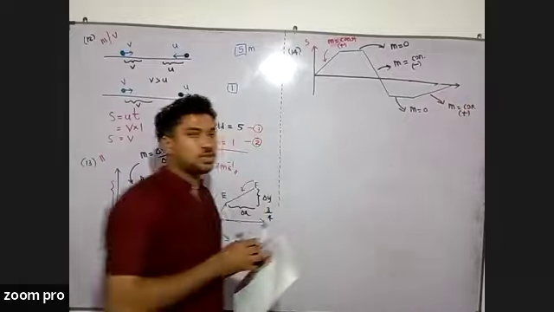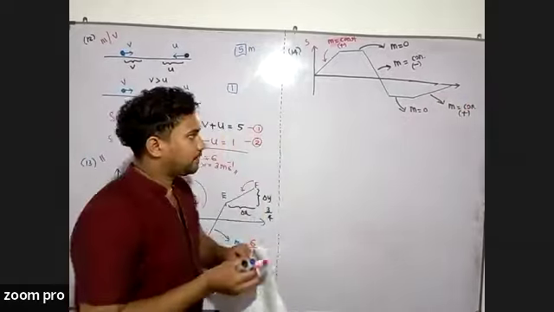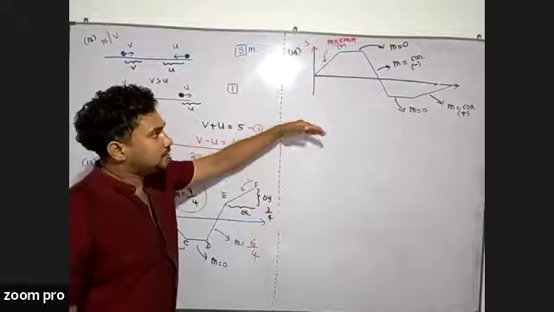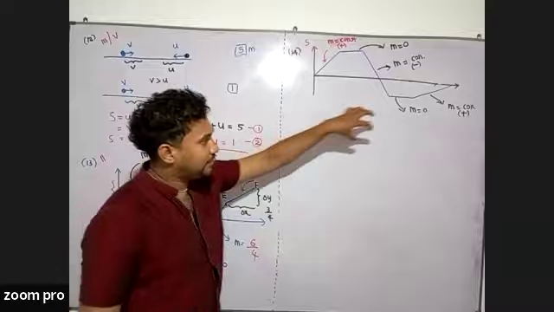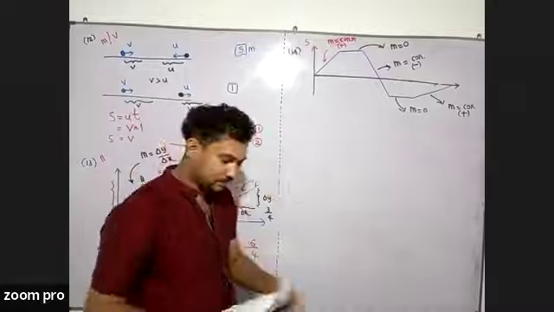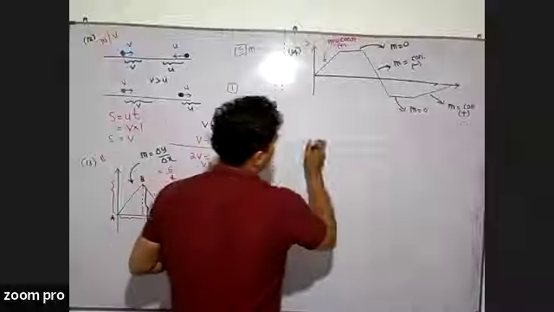Okay, how do we determine whether it is positive or negative? If the angle subtended with the positive direction of the x-axis is acute, then the gradient is positive.